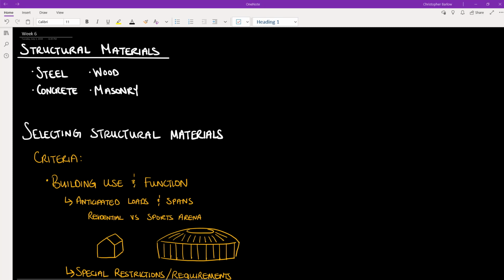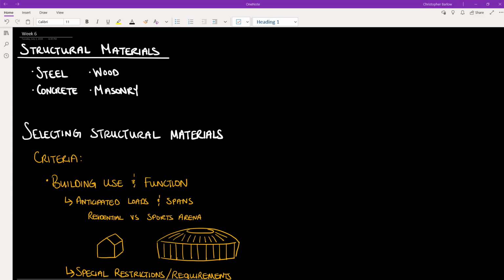So, the materials that we are going to focus on in the last 3 weeks of this course are steel, concrete, wood, and masonry, the 4 most popular structural materials used in buildings. And before we jump into any one specific material, let's first talk about some of the criteria that structural engineers need to consider when selecting a material for a building.